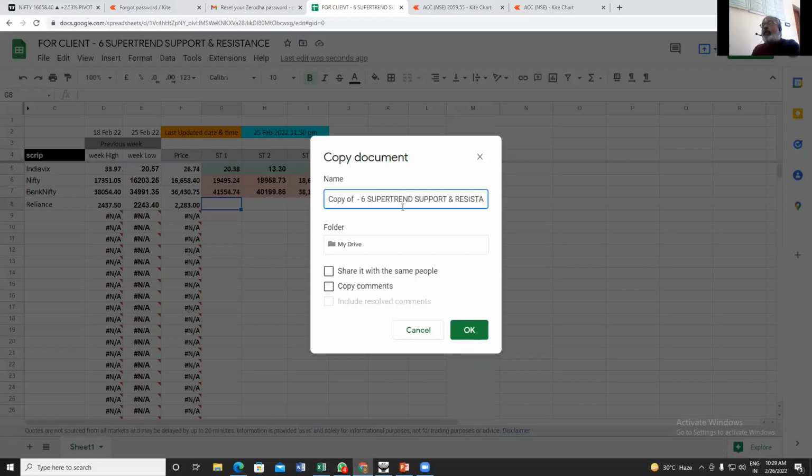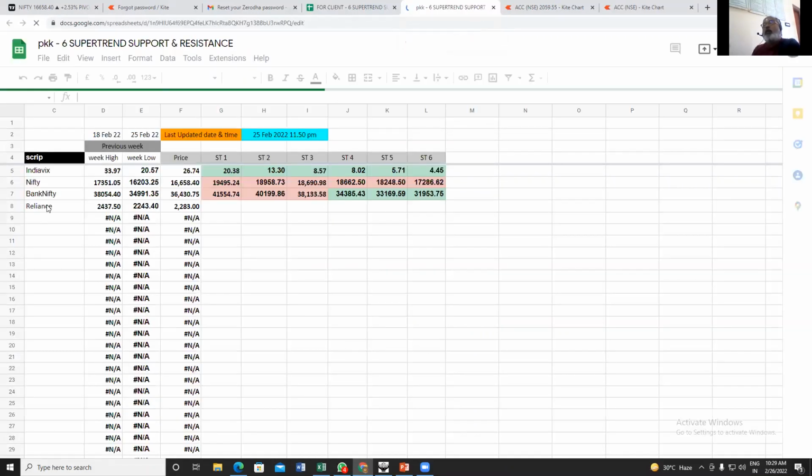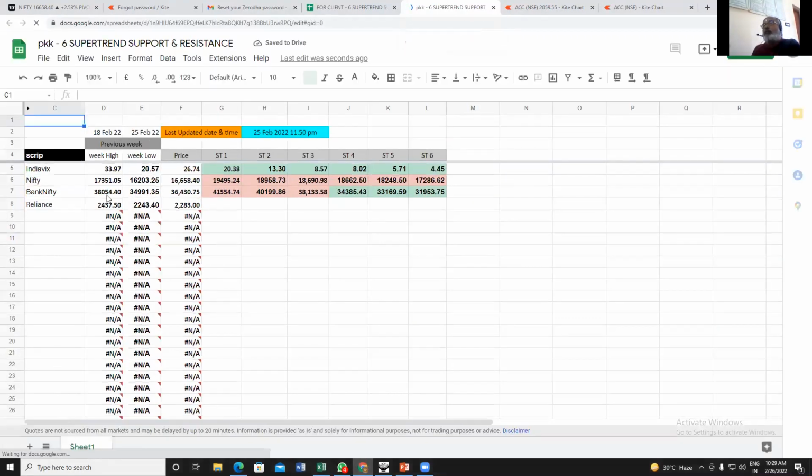For example, you can say anything, PKK, and then save it, then it will be saved as PKK. Now you can get a new sheet with the PKK name, then you can add your own scripts. This will be automatically updated.